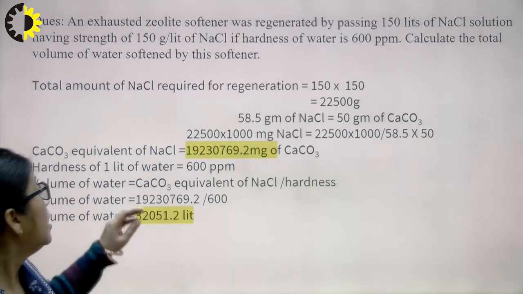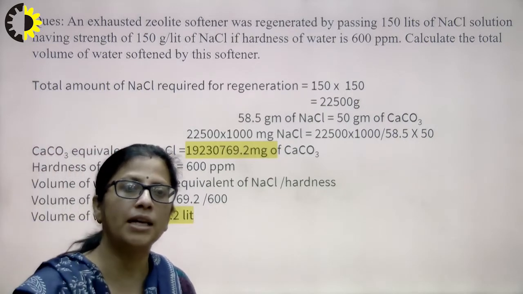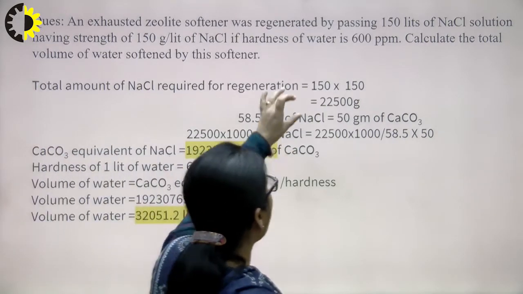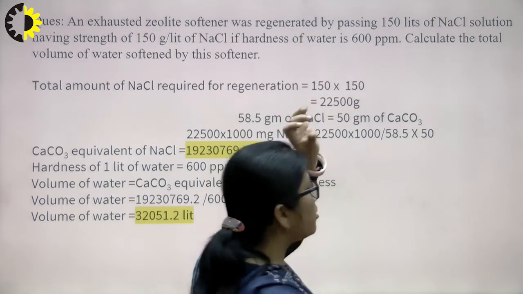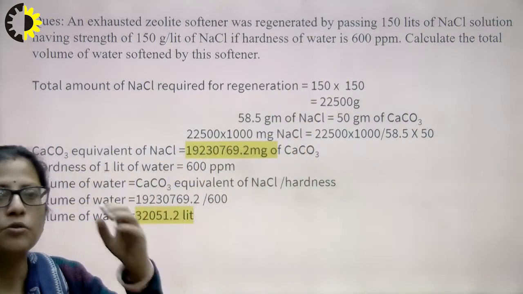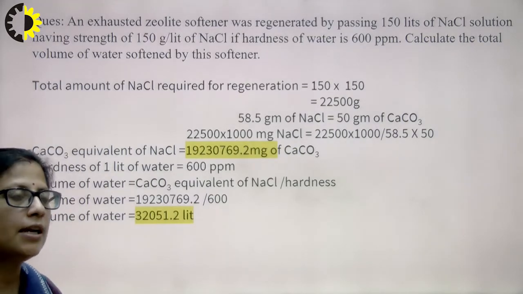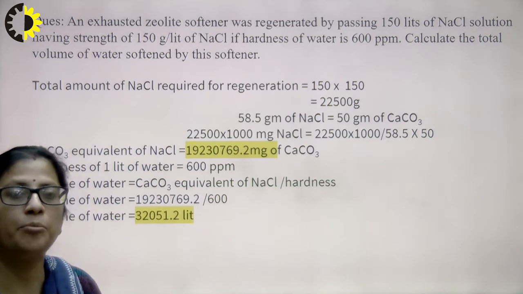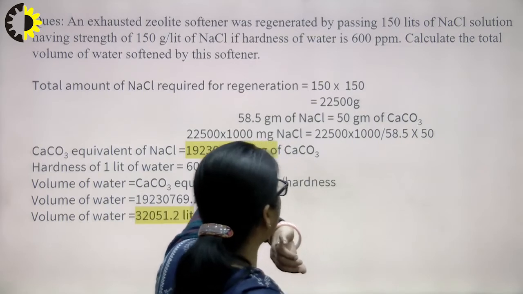So, again the total NaCl required for the regeneration of the zeolite: how much NaCl is present per liter and how many liters of NaCl solution I have used. By multiplying these two values, I am going to get how much NaCl I had dissolved to make the brine solution. So, it is 22,500 grams of NaCl that had been dissolved.